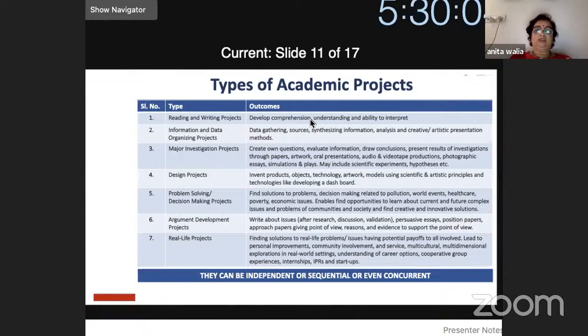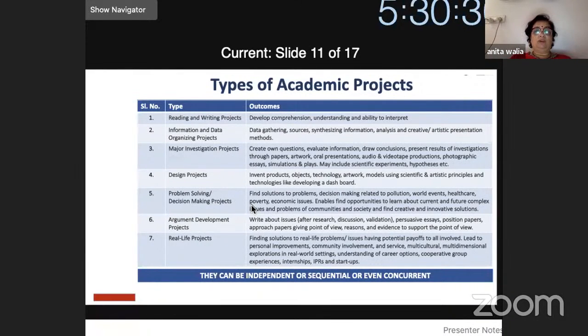Project also means writing project reports and gathering data, which is very important. Investigation, for example: you have a problem, you investigate from a local solution provider what traditional solution is available, and what can be done with the help of technology to enhance the solution and manage that problem better than how it is happening now.